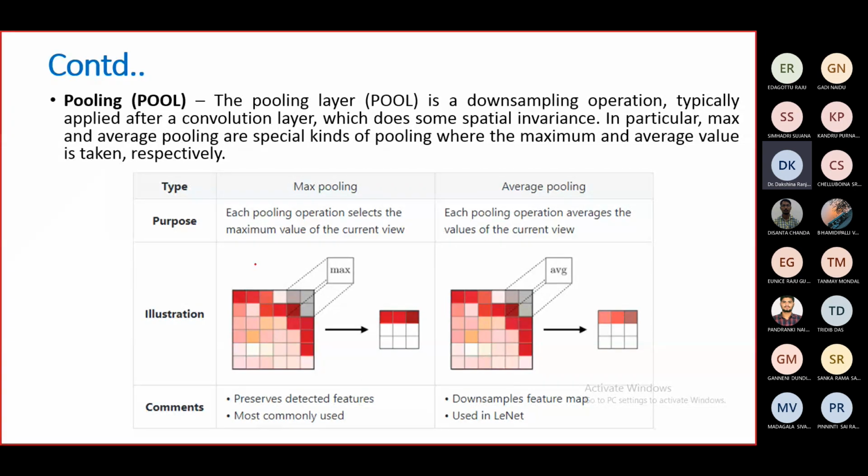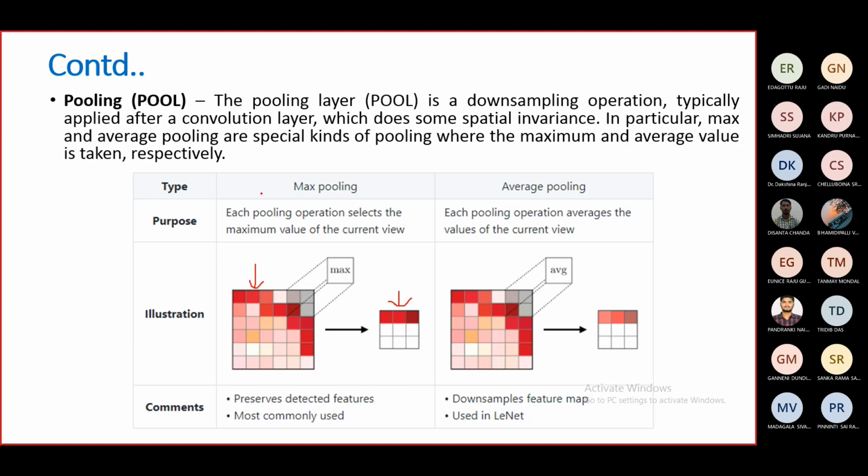Now when we generate the feature map, it becomes a dimension of 3x3. So when we apply the pooling layer, it reduces the dimension of the input image or the feature map generated in the previous layer to a smaller feature map in the next layer.